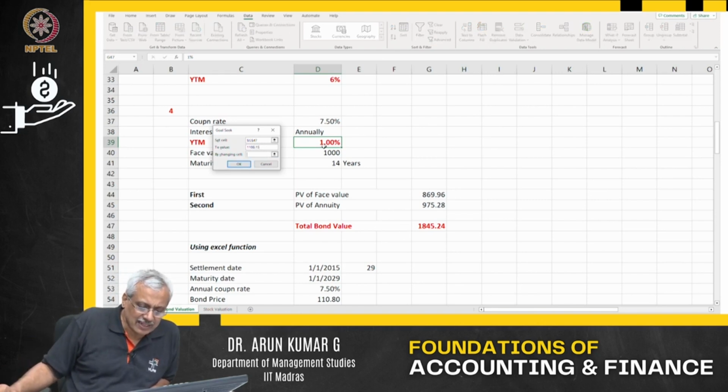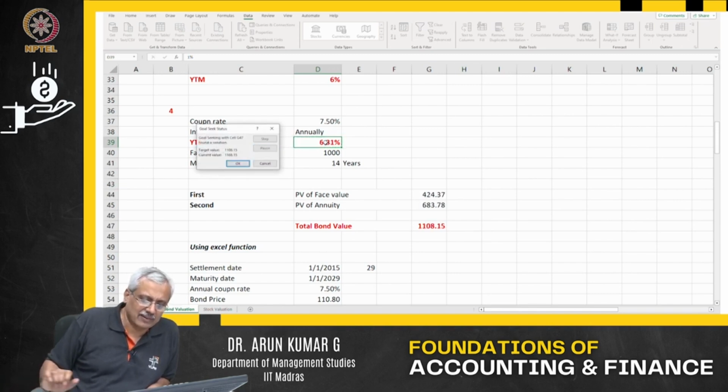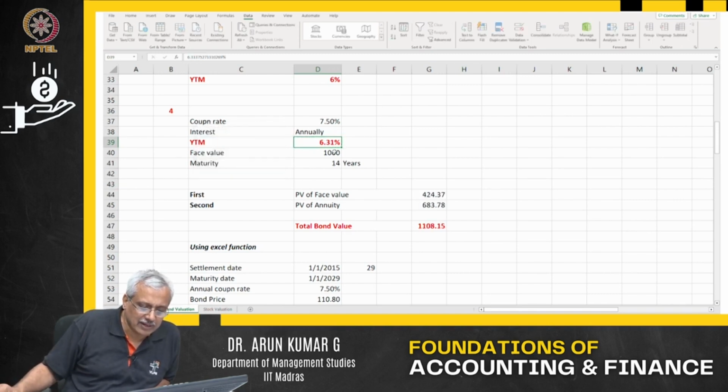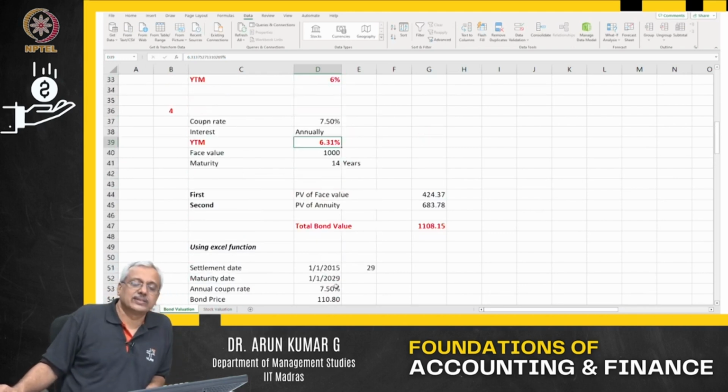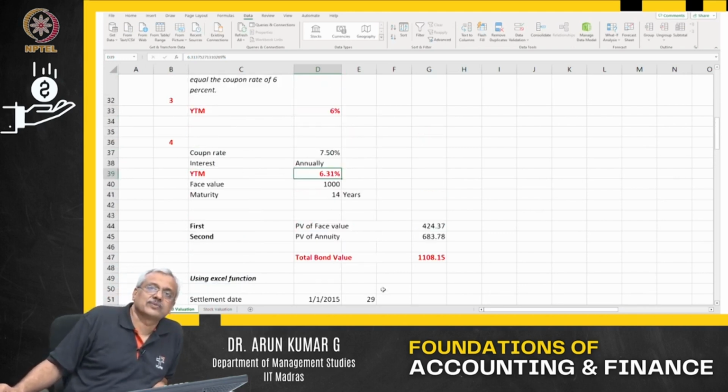By changing which cell? By changing this cell, which is what I want you to calculate. Yes, I have got it. It comes to 6.31%, and that's exactly what we got, around 6.33, with some decimal errors. So 6.31 and 6.33%, around that is what we have got using the goal seek function.